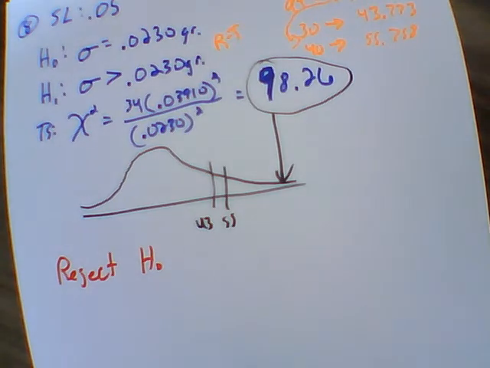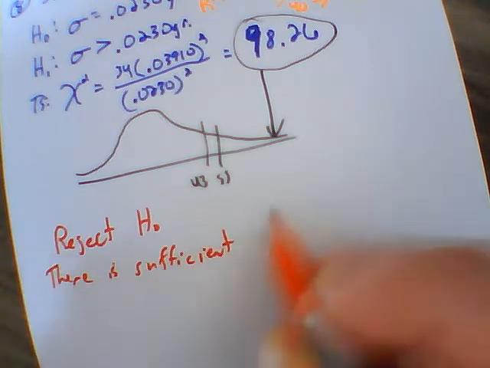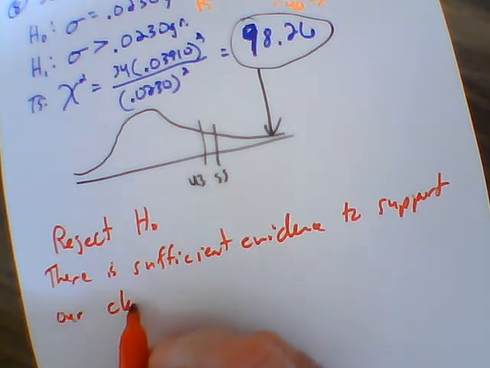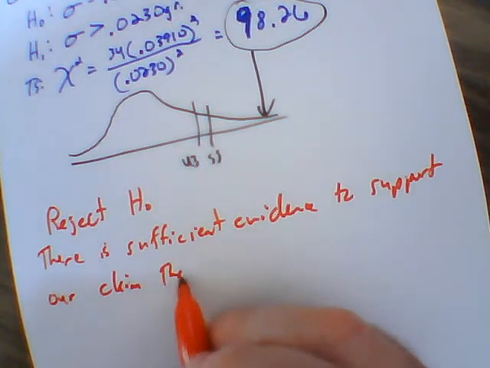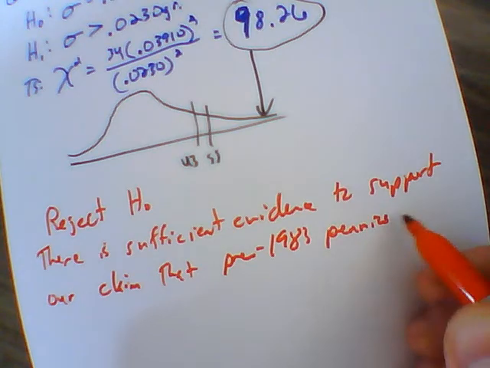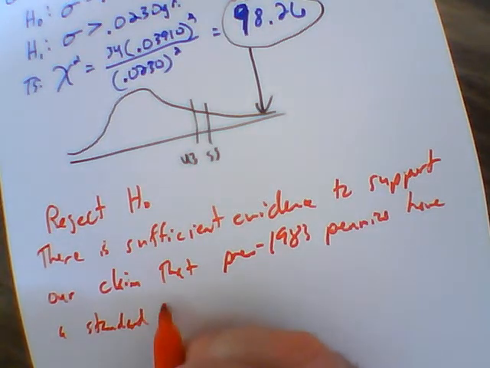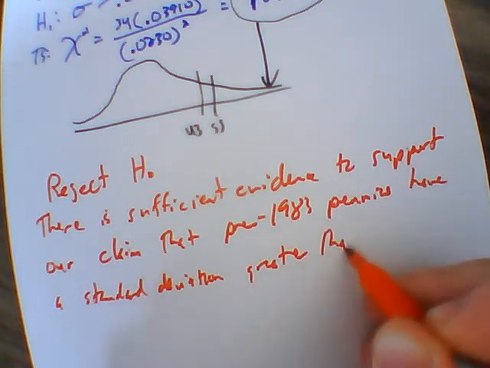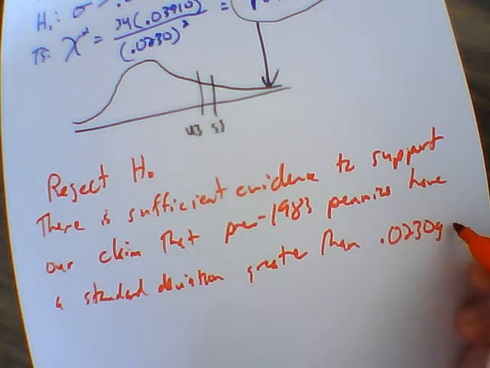So now we state that there is sufficient evidence to support our claim that pre-1983 pennies have a standard deviation greater than 0.0230 grams.